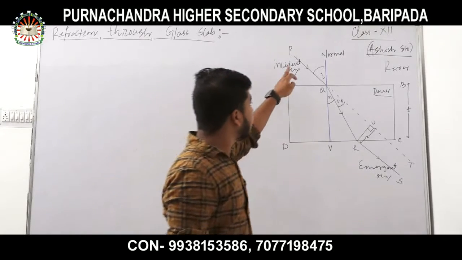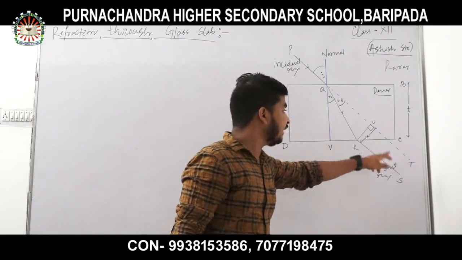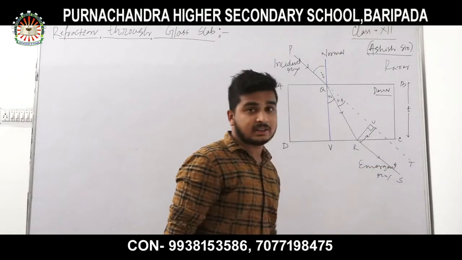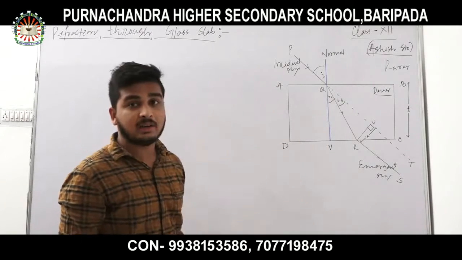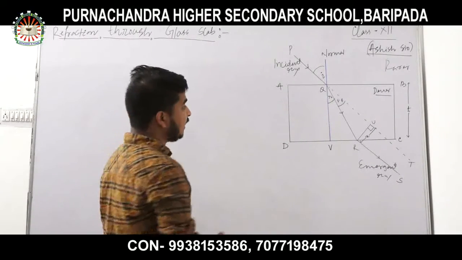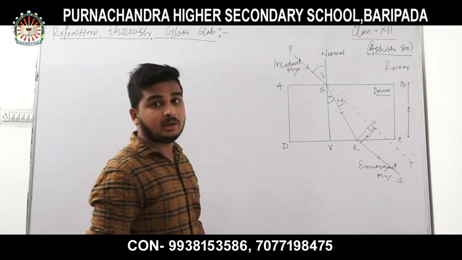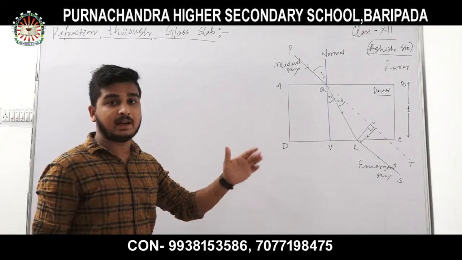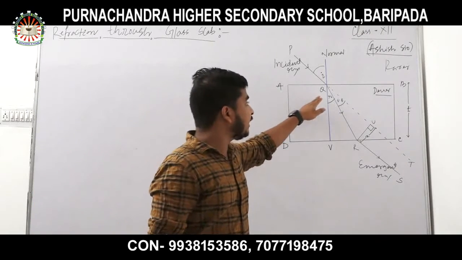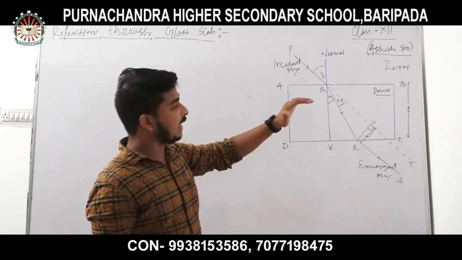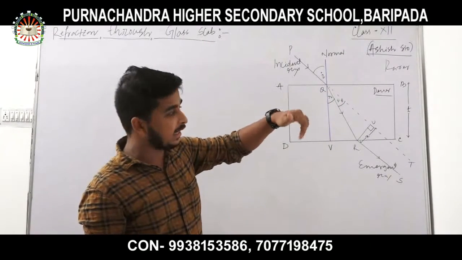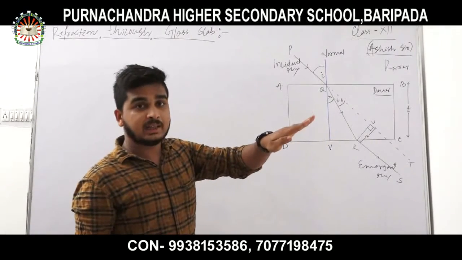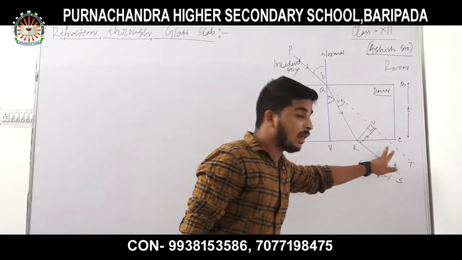These two rays will be parallel to each other, because at point Q the ray is deviated by an angle, say 10 degrees, and at R it is again deviated by 10 degrees the other way. So these two rays are parallel to each other.